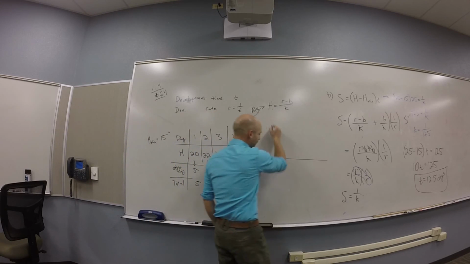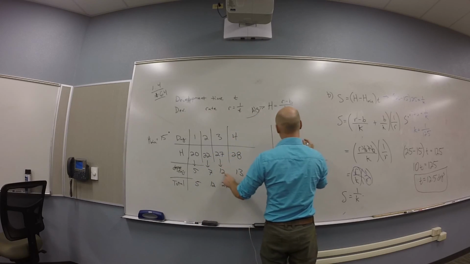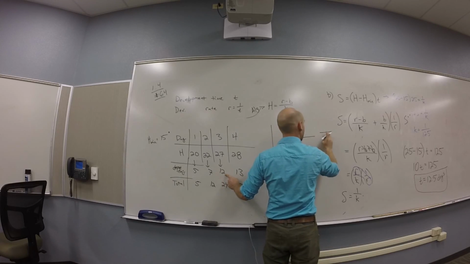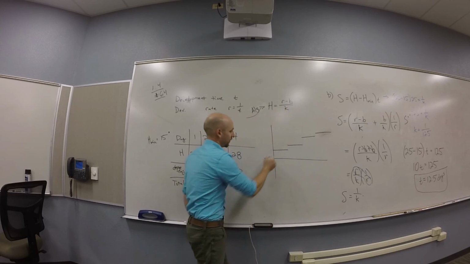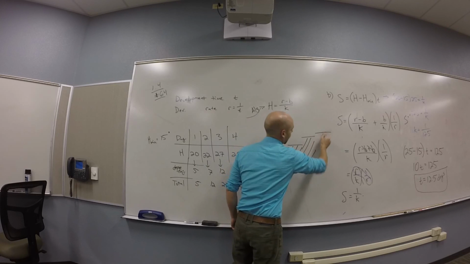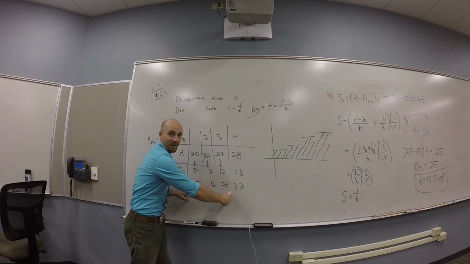So a graph of that would look like this: 5, then 7, then 12 for a while, and then 13 for a day. You see this area under here? That's what these are.